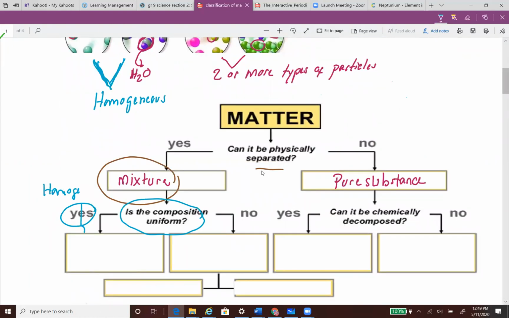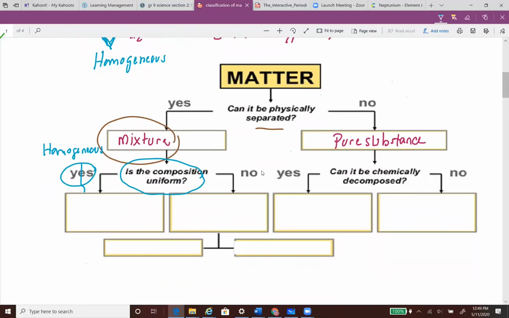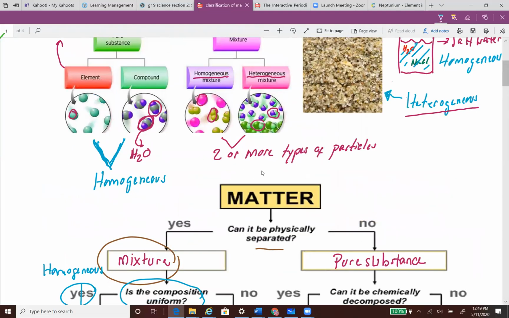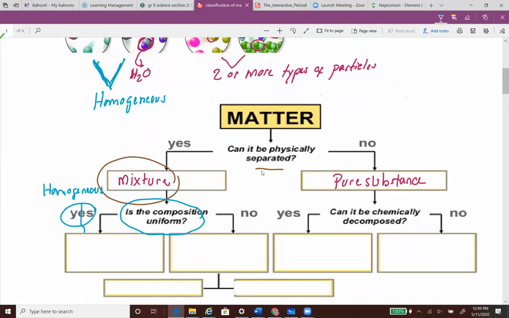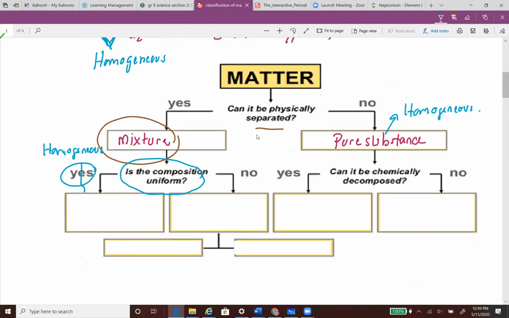So if it's homogeneous, that means it looks all the same everywhere. We know that pure substances are homogeneous. We talked about that. They all look the same. So a homogeneous mixture is called a solution.